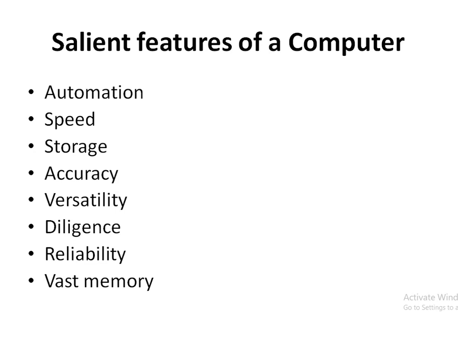You know very well, I need not explain the speed of a computer. And storage. A computer can store a lot. The whole world is stored in a single computer. Today you can see there are storage devices.